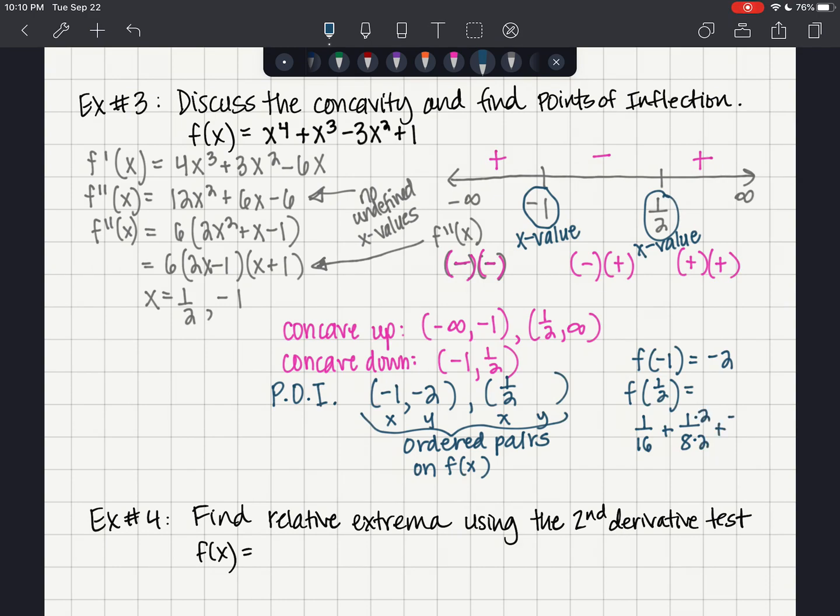And then negative 3 times 1/4, so that's negative 3/4, and I'm going to need a 4 there. And then plus 1, that's 16 over 16. So 1 plus 2 is 3, 3 minus 12 is negative 9. Negative 9 plus 16 is 7. Hot dog, 7 over 16.